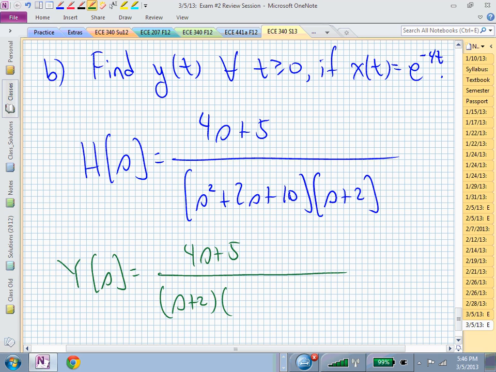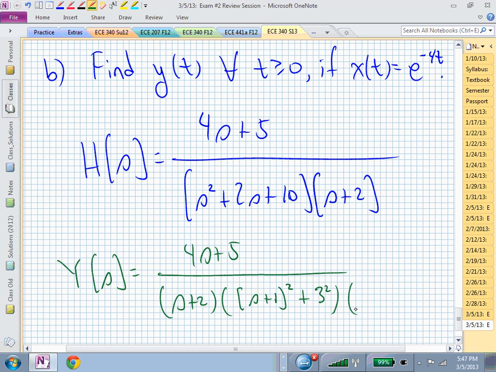Can you see that? b squared is 4 minus 4ac, minus 40. That's a negative number. You know this is giving you complex roots, and you can actually factor this as (s plus 1) squared plus 3 squared.